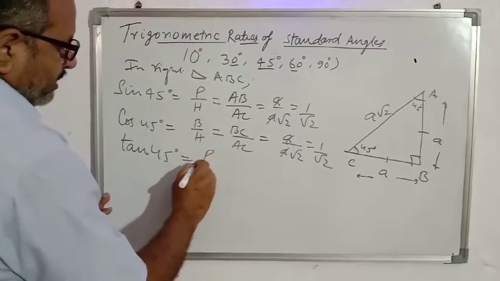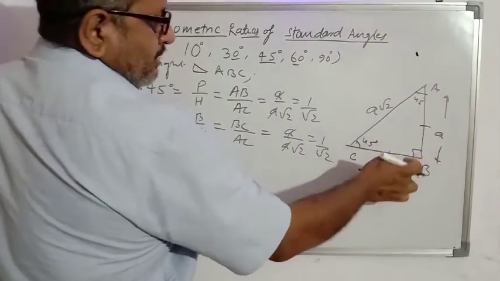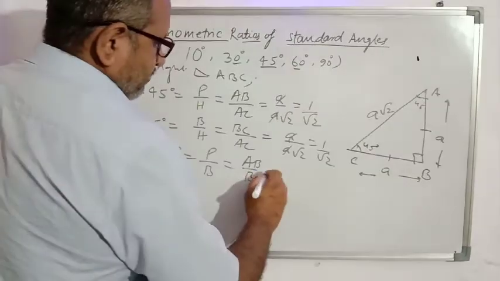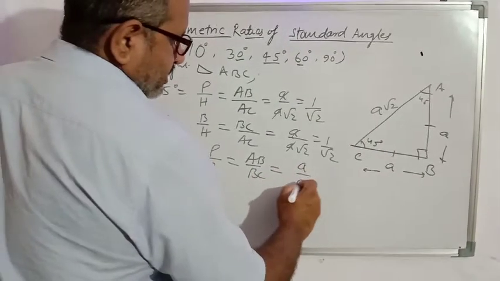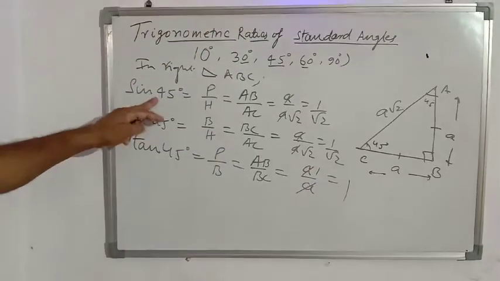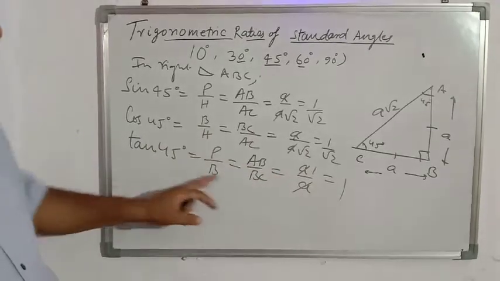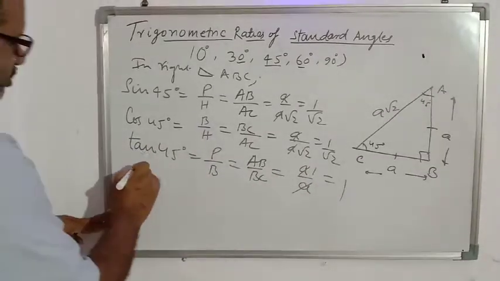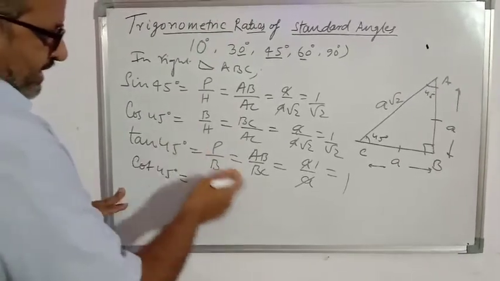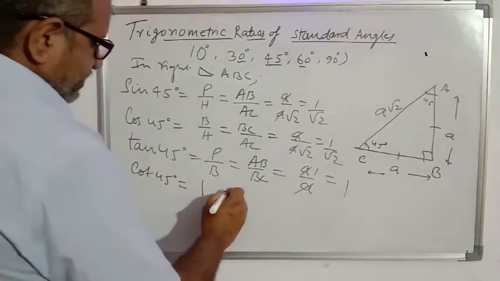Tan 45 is perpendicular by base. Perpendicular is AB, base is BC. AB is A, BC is also A. Cancel one time, so it is 1. Sin 45 is 1 by root 2, cos 45 is 1 by root 2, tan 45 is 1. Cot 45 is the reciprocal of tan, so the reciprocal of 1 is again 1.